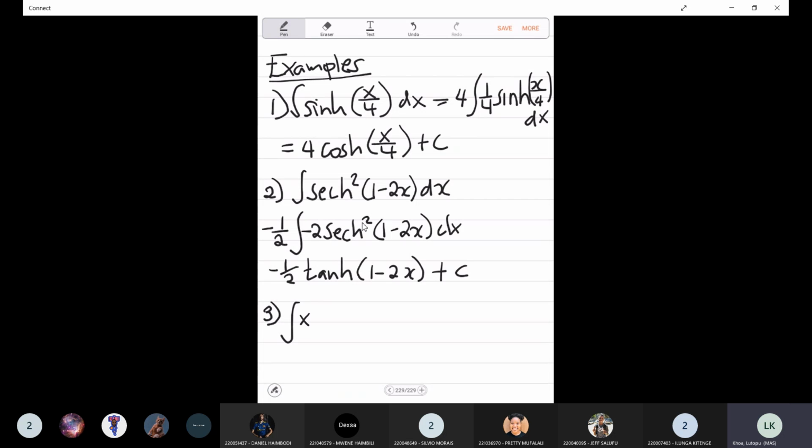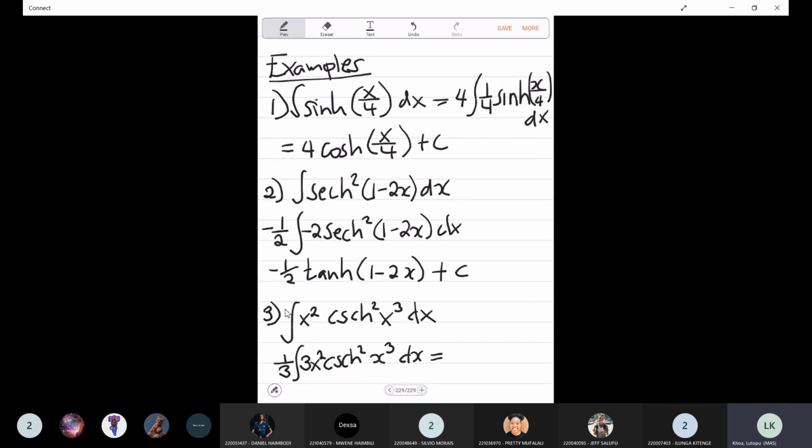Integral of x squared cosech hyperbolic squared x to the power of 3 dx. The derivative of x to the power of 3 is 3x squared. So I need a 3 there and 1 over 3 outside. So 1 over 3, 3x squared, cosech hyperbolic squared of x to the power of 3 dx.